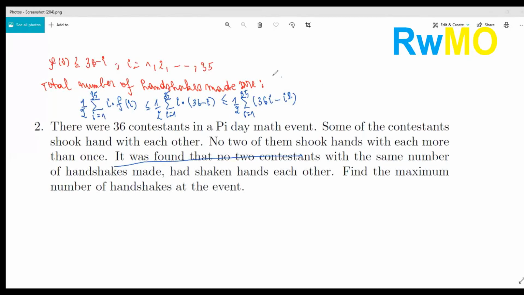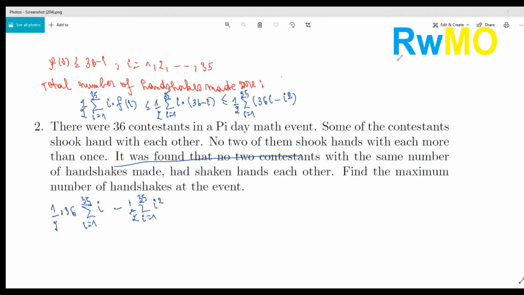You can just compute this sum easily because you already know how this sum works. So we have 1/2 times 36 times the summation of i from 1 to 35 of i, minus 1/2 times the summation of i from 1 to 35 of i squared.